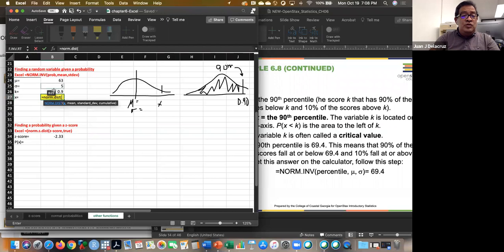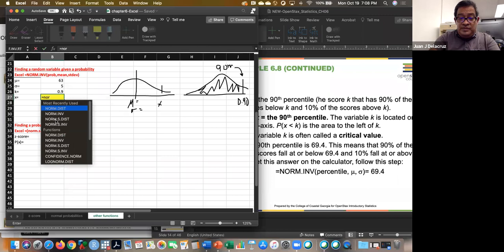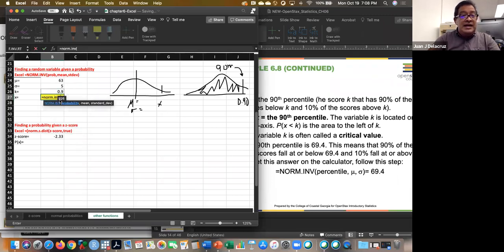I am going to use the X. Sorry, I'm going to say equal norm dot inv. Now that looks much better. I'm going to ask for the probability, which in this case is the 90th percentile.